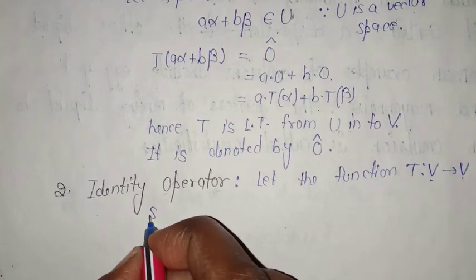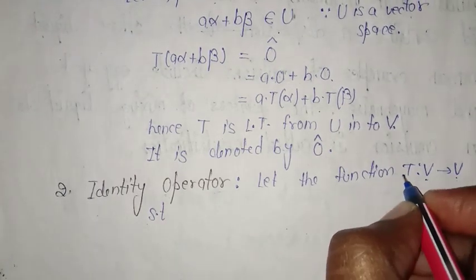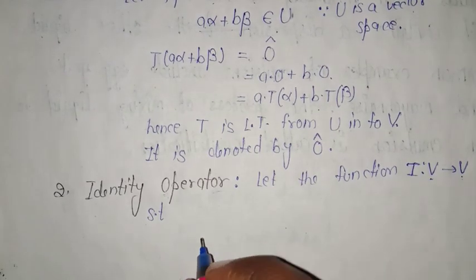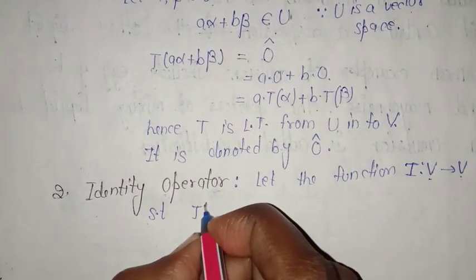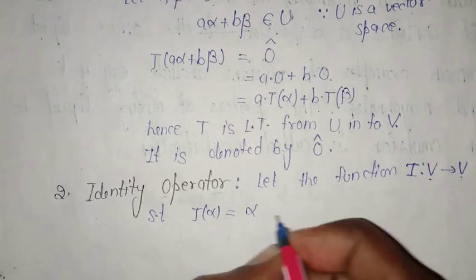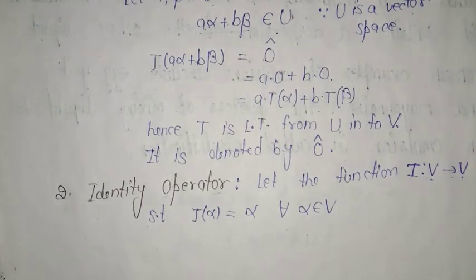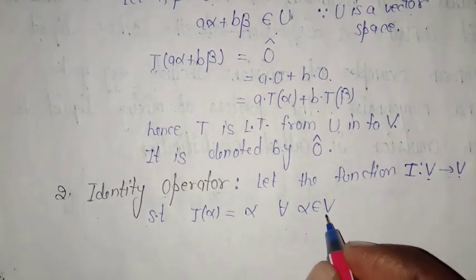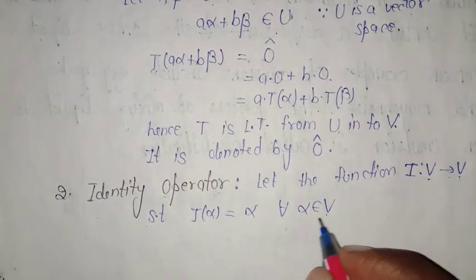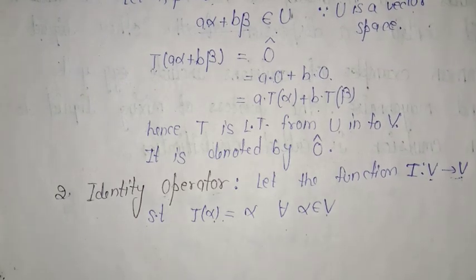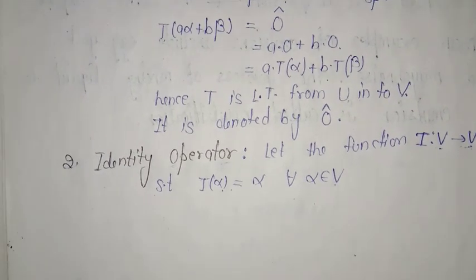It is generally denoted by I for identity from V to V, such that I of alpha equals alpha for all alpha belonging to V. Since both the vector spaces are the same, if you pick any vector from the vector space V, it will map to the same vector in the vector space V. So that's the definition of the identity operator.